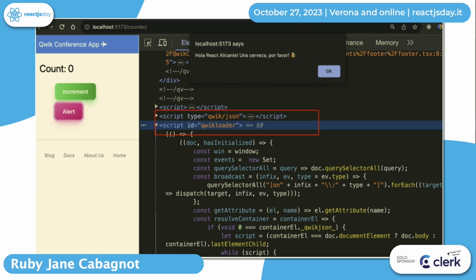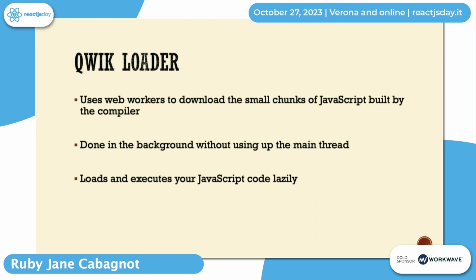So basically, Qwik Loader is the one that knows how to download the rest of the application on an as-needed basis. Qwik Loader uses web workers to download the small chunks of JavaScript built by the compiler, and it is done in the background without using up the main thread. So it loads and executes the JavaScript lazily.